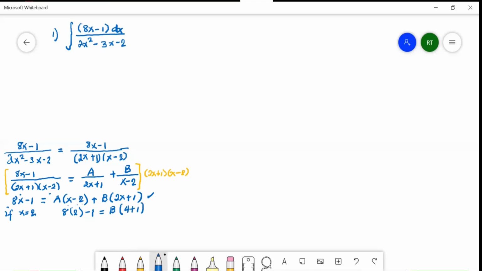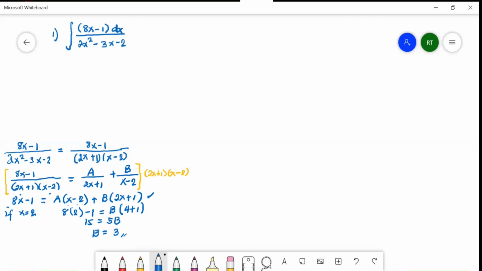So this will give us 16 minus 1 is 15, which is equal to 5B. If we solve for B, then B is equal to 15 over 5, which will give us 3.